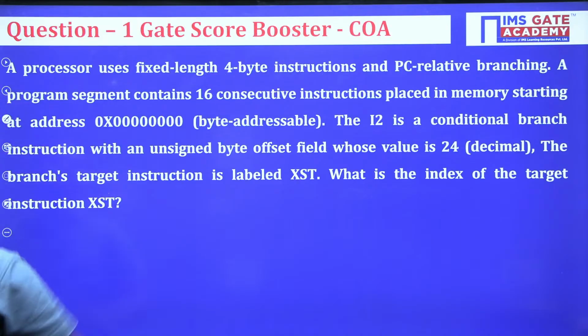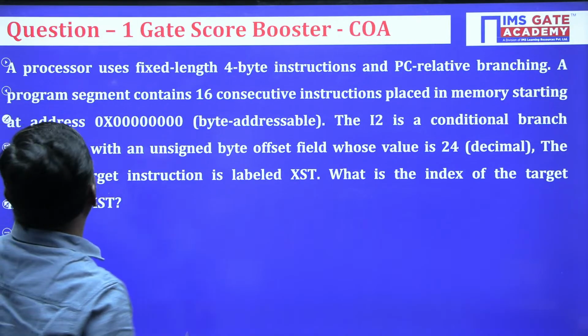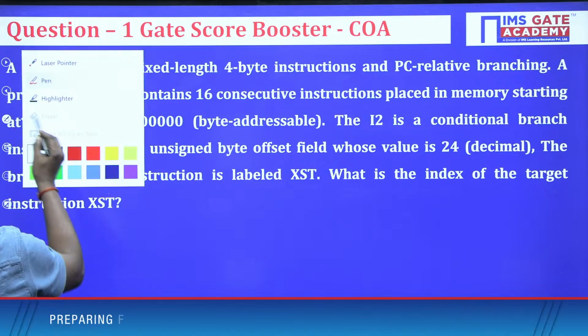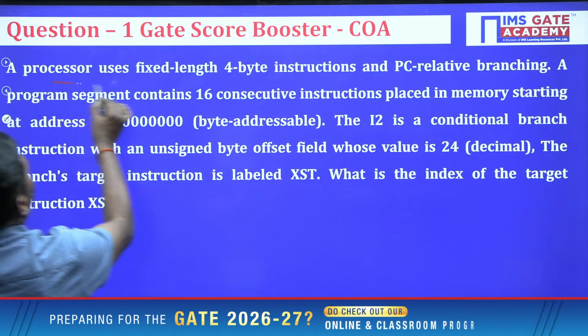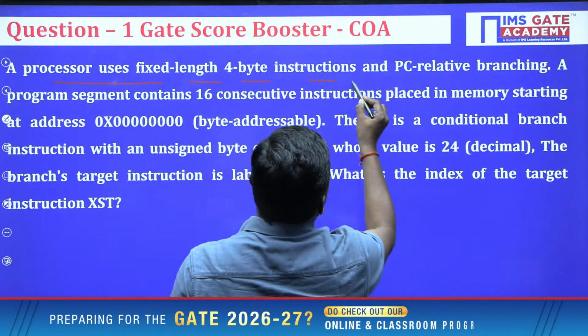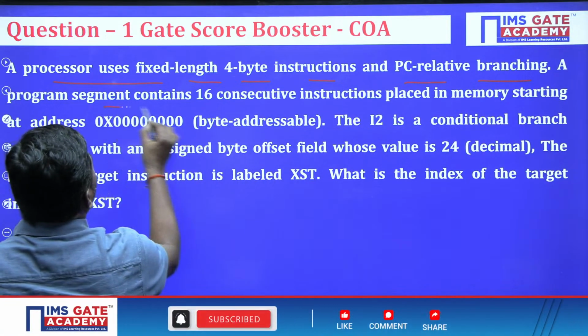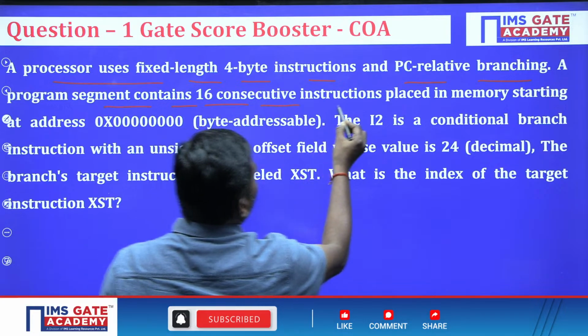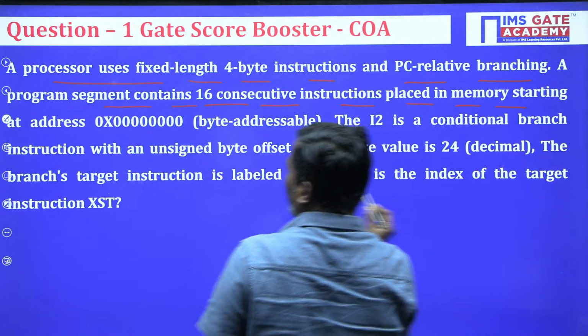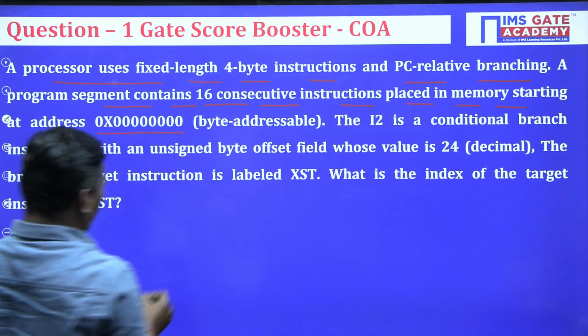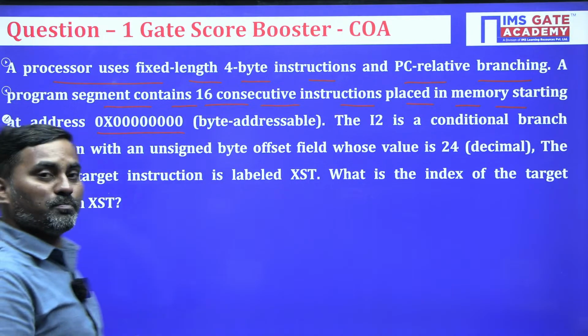Let's take the question now. A processor uses fixed length 4-byte instruction and PC relative branching. A program segment contains 16 consecutive instructions placed in memory, with a starting address given in hexadecimal. The memory is byte addressable.